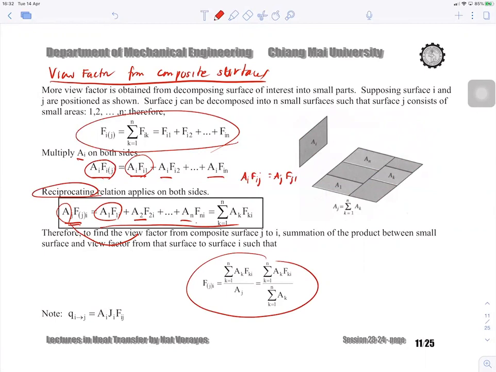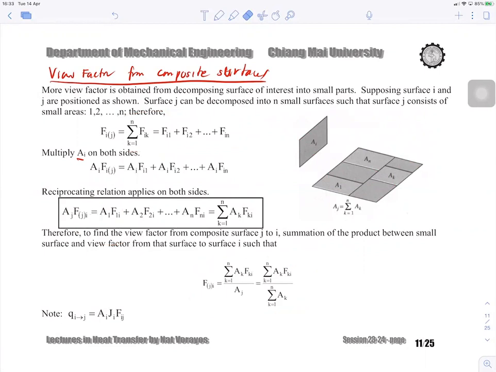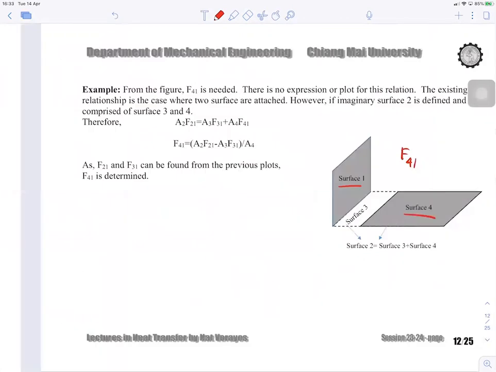Okay. So what happens next? Well, the key element is in this equation. Let me clean it up. The key element is here. Okay, and then take a look if we can apply this to this question.